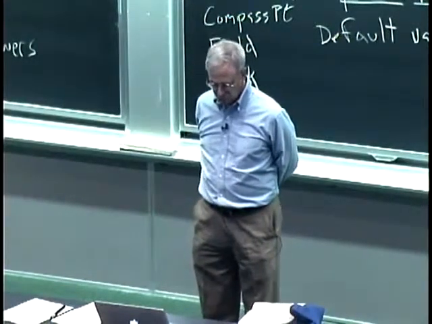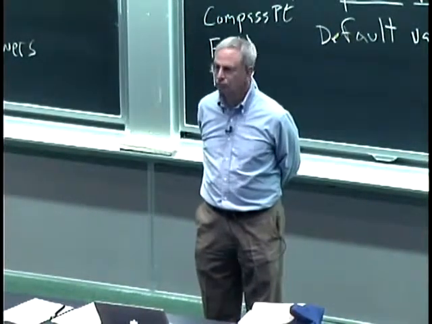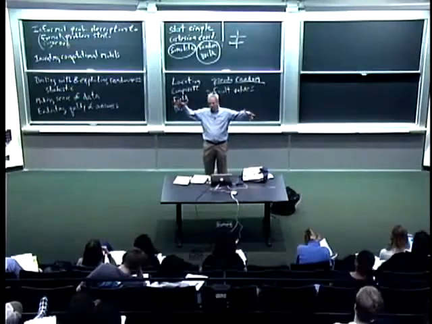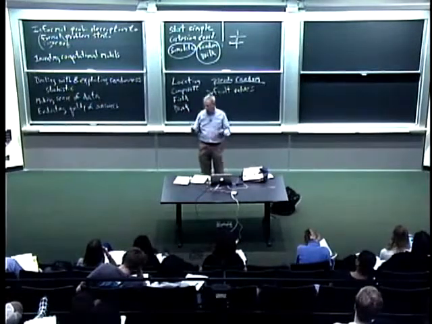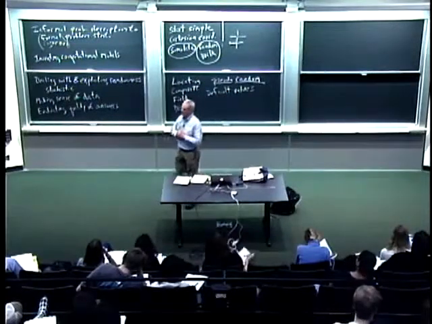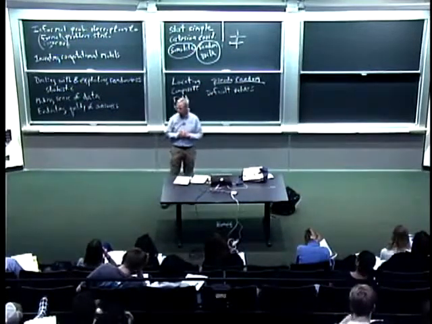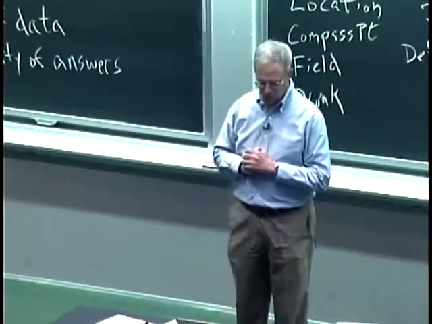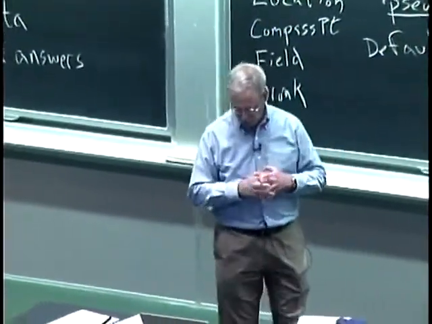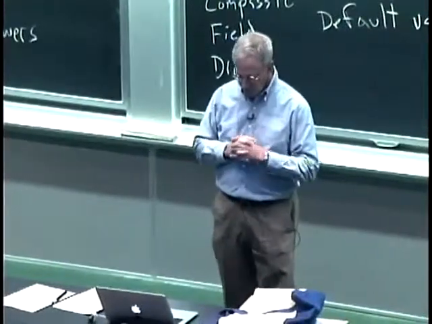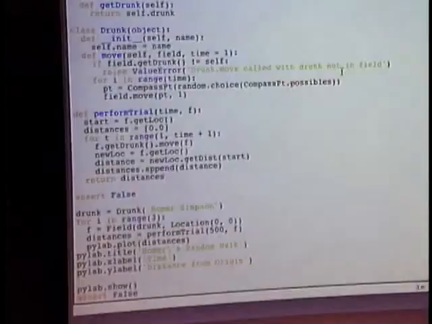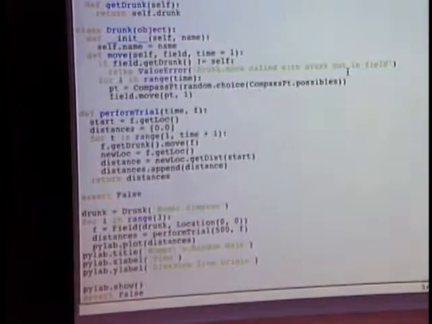All right? We've now finished all of the sort of groundwork that we need to go and actually build the simulation that will model our problem. So let's look at how we use all of this. I've now got a function perform trial, which will take a time and a field.